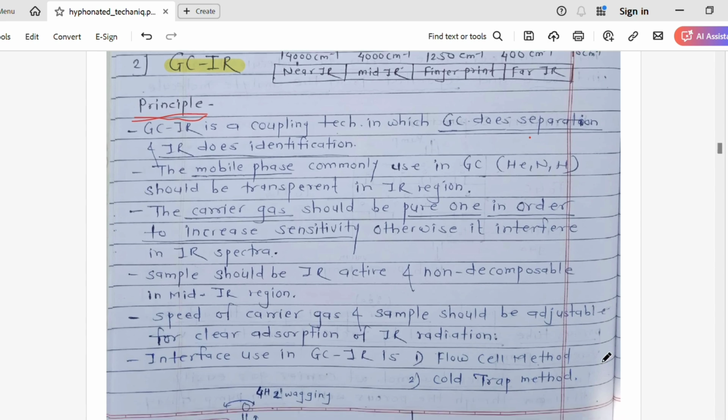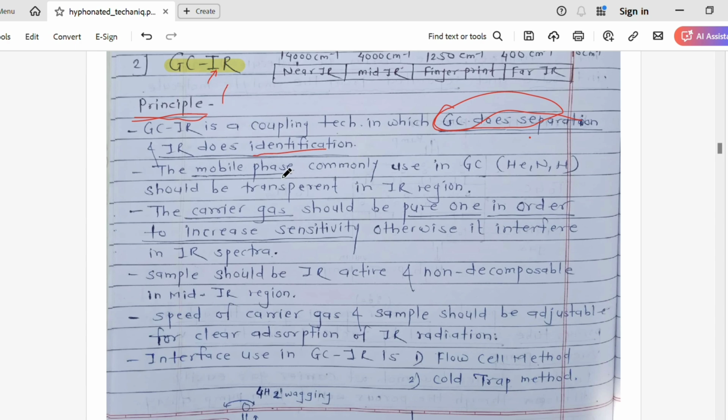GCIR is a coupling technique in which GC does separation and IR does identification. Here we know gas chromatography does separation of molecules, and IR spectroscopy, or infrared spectroscopy, finds out what kind of functional groups are present in a sample.